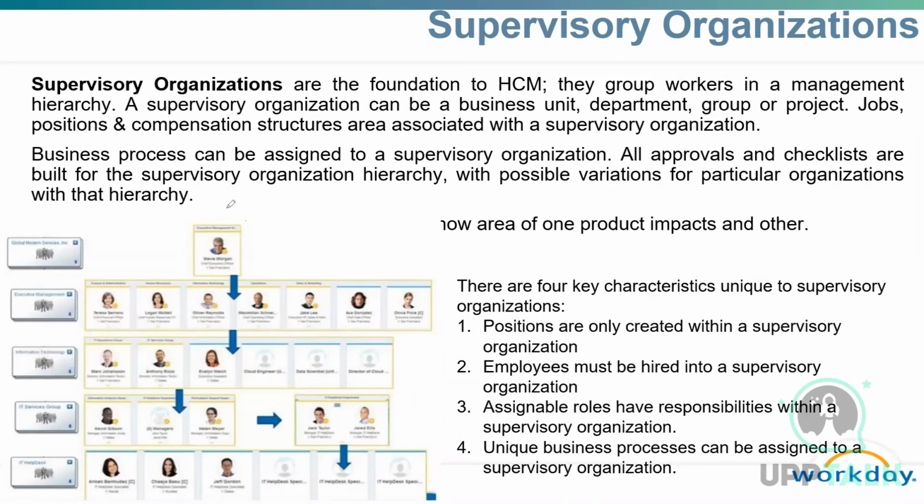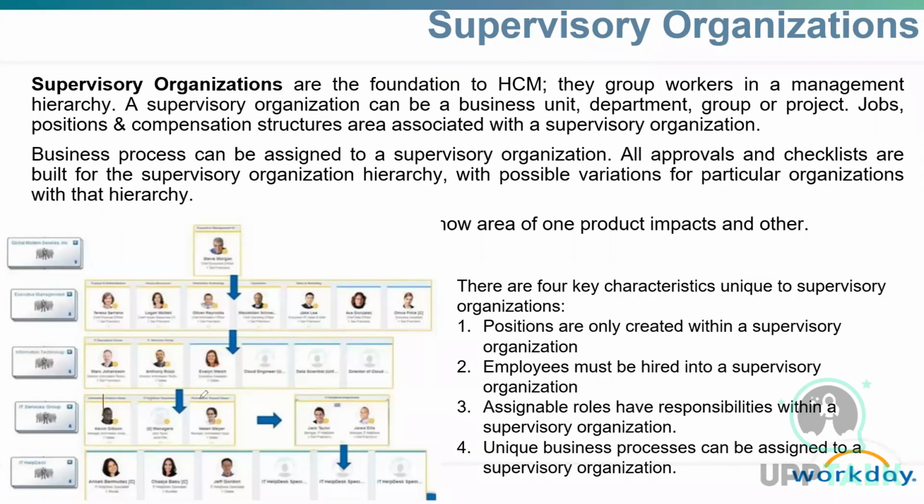Like we saw here, the executive CEO is Steve Morgan in Global Modern Services. That is the company. Then he has his executive organization where he has finance, human resources, technology, operations, and sales and marketing. They in turn have their own organizations like IT operations and IT development.